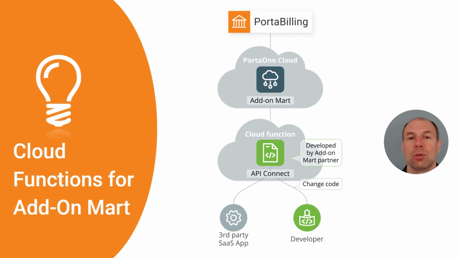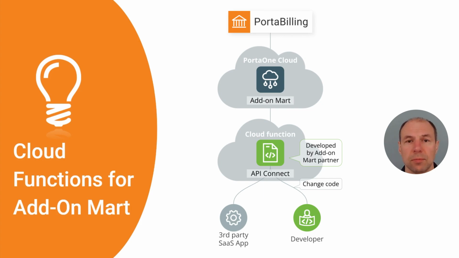enables connection to a provider of SMS delivery. In our example, it was Vonage SMS API, but it could be any other provider. And the code which makes the connection possible, which maps the attributes of a request from Add-on Mart into the API format that the third-party system understands, that's going to be your cloud function.